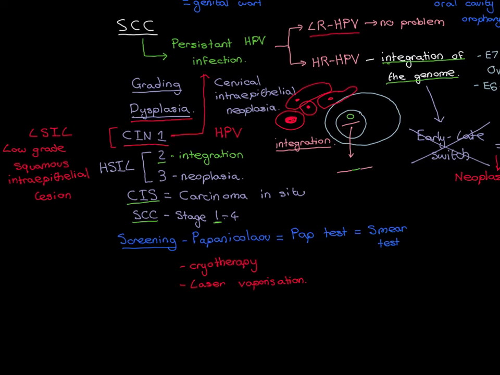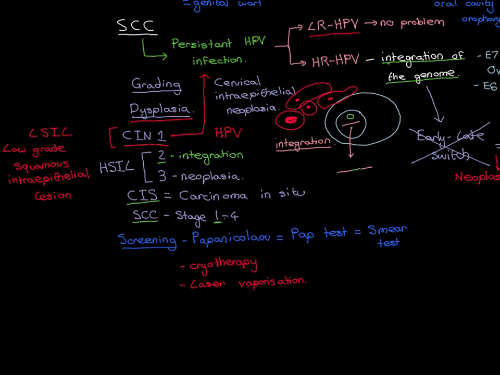If you remove all of the cells, then that destroys the disease. It can't progress any further. So you've cured the disease. That's what's nice about stage 1 cancer: if you surgically remove the tumour, then the disease is cured.